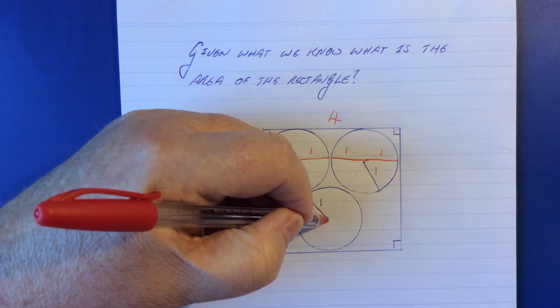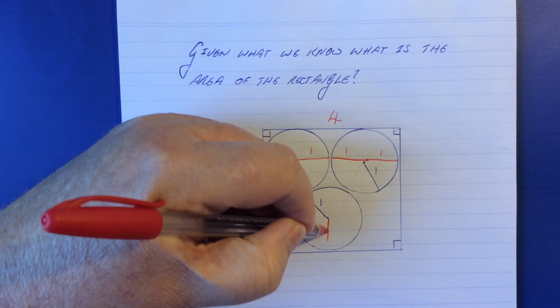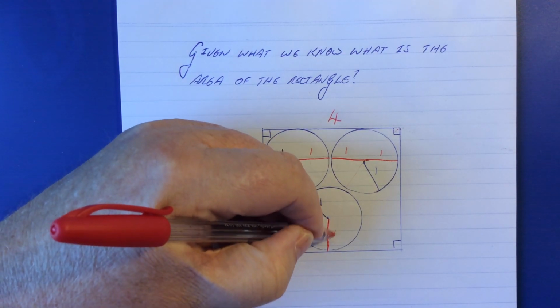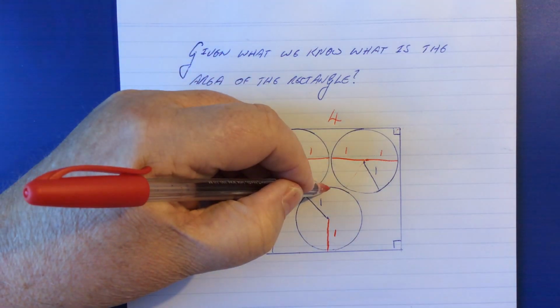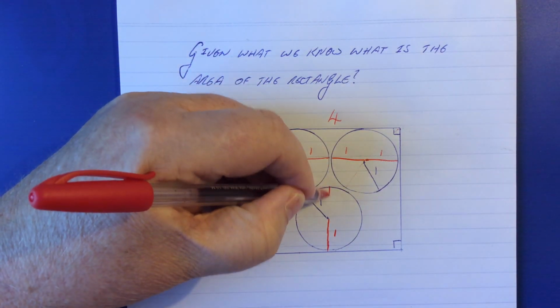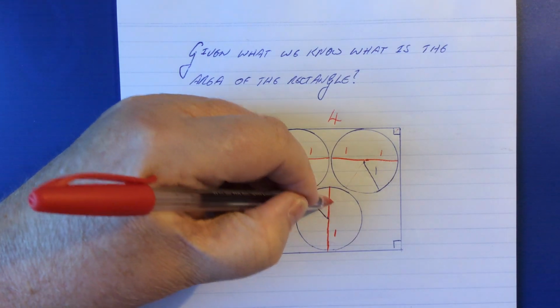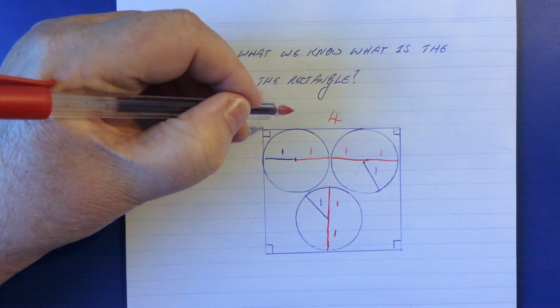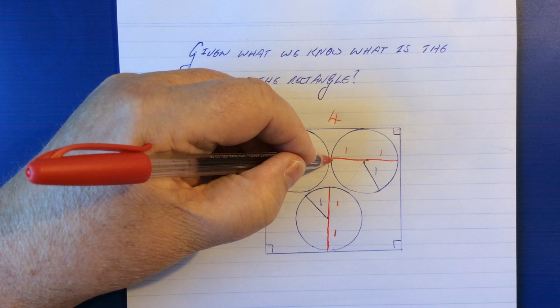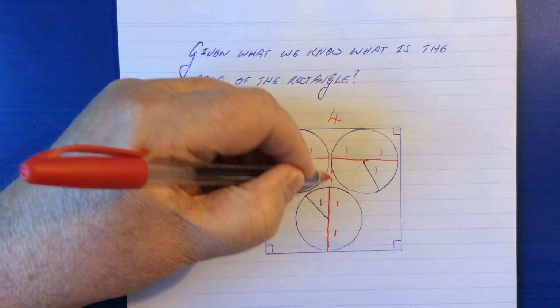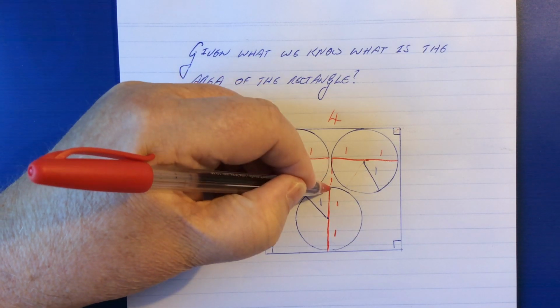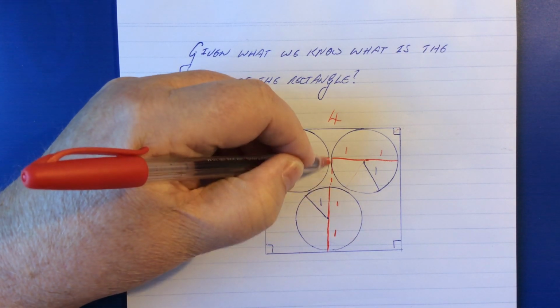So let's work with what we know. So we have 1 there, and we have 1 up to here, and I'm just going to draw this in a broken line to start with.